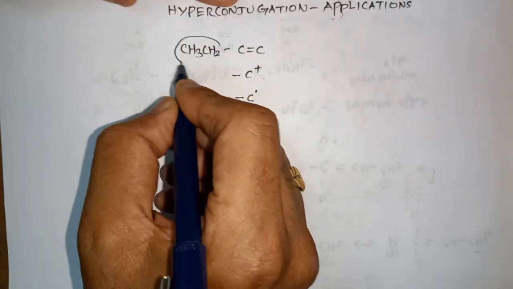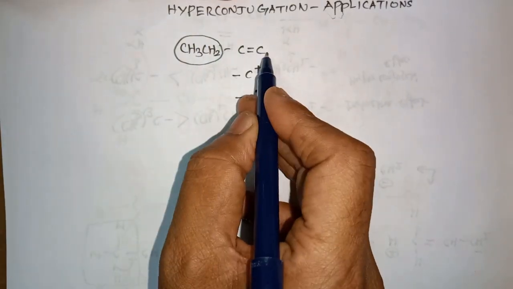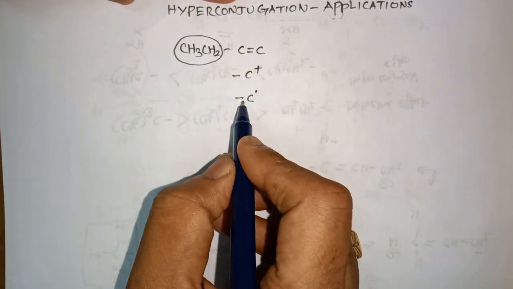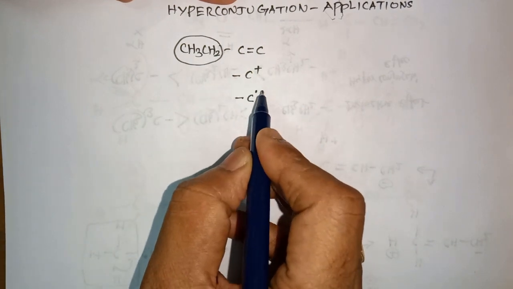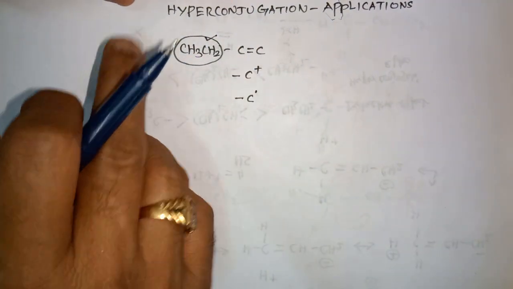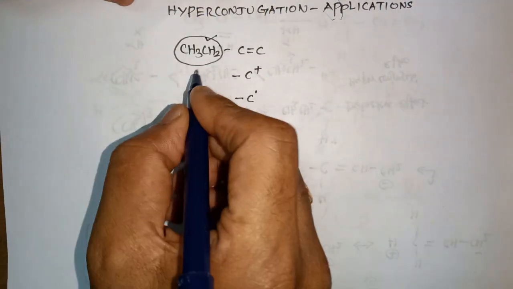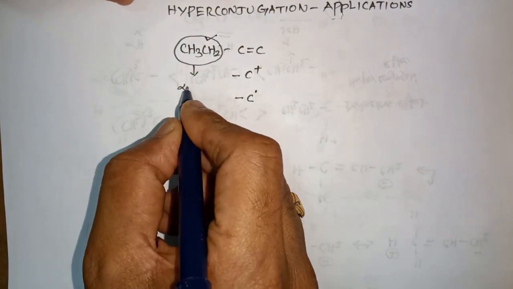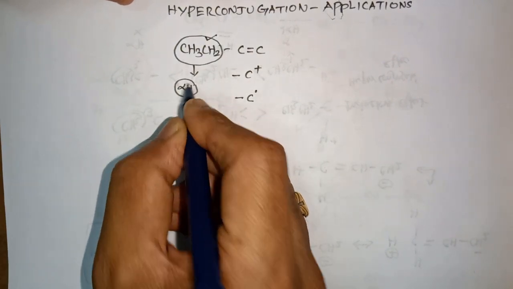What is the condition for this alkyl group to show the hyperconjugation effect? It should have at least one alpha hydrogen.